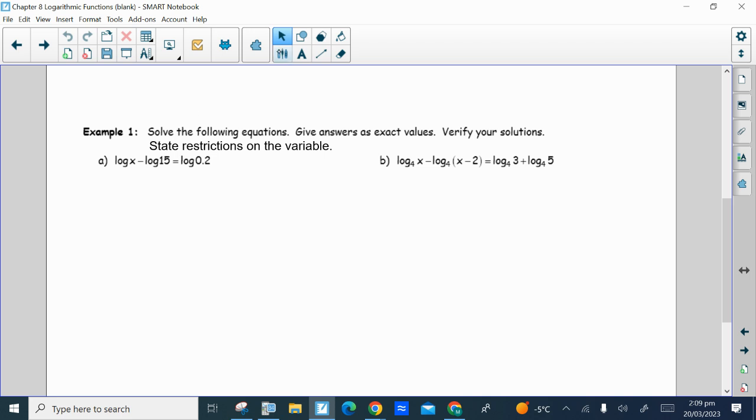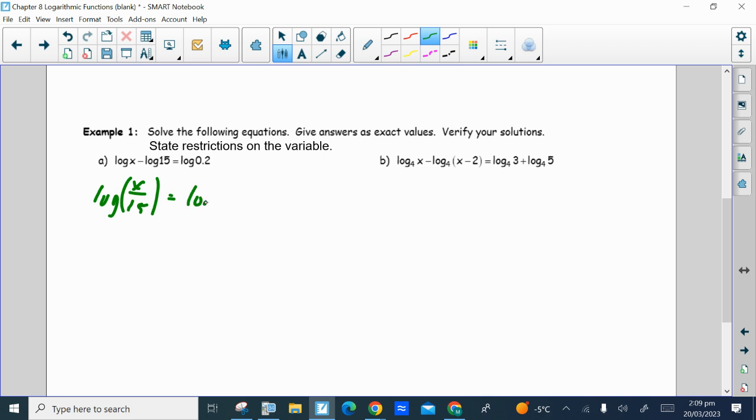So for question A, we could do that by using the quotient law because you're subtracting those two logs with the same base. That'll be log of x on 15. And there's no base indicated here, which means that both sides are base 10, but that part doesn't really matter.